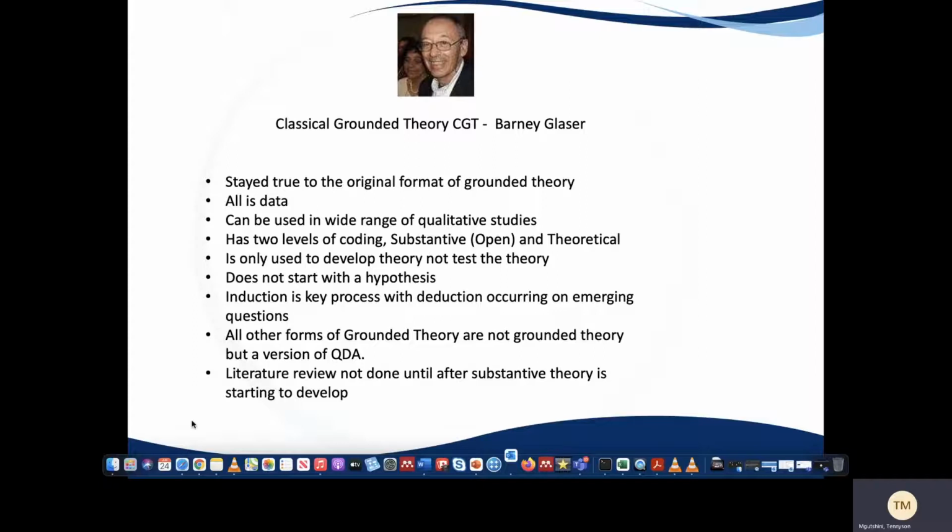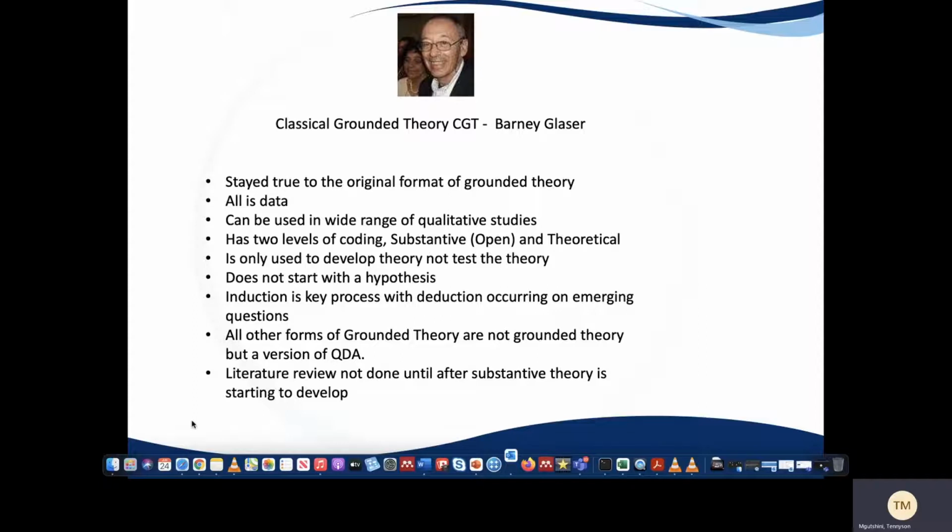The substantive open level is where you really just walk around in the space of a phenomena, constantly finding pockets of data that you think are meaningful to whatever phenomena you are looking at, and continuing to take in that data.